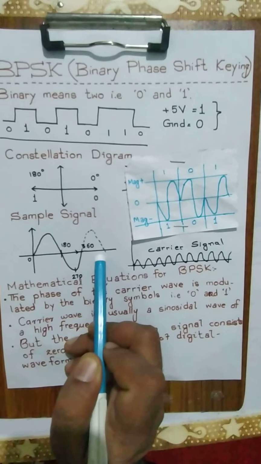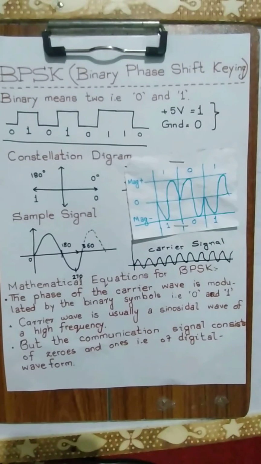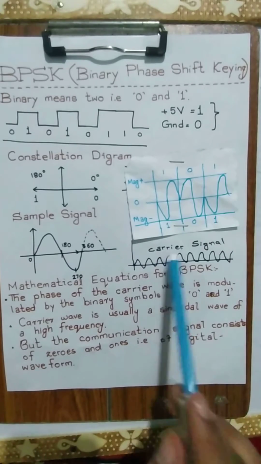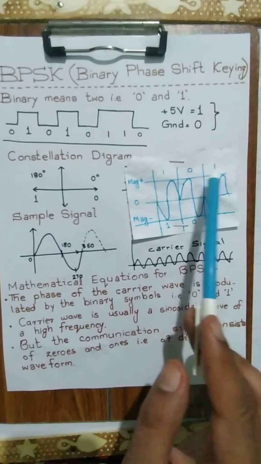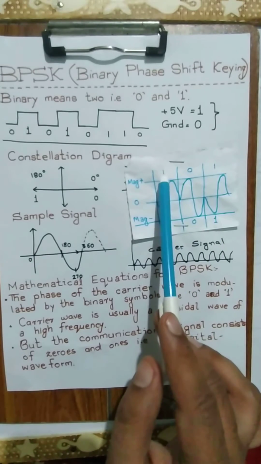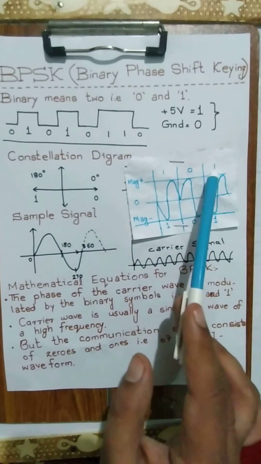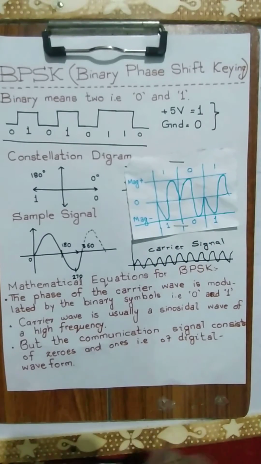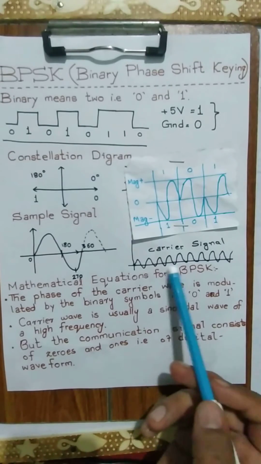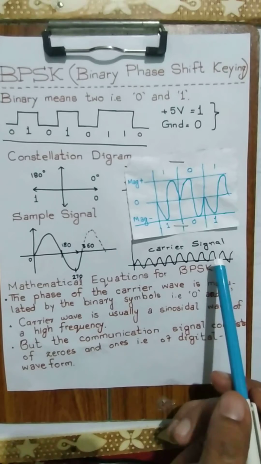But we know that there are two main things. One is the carrier signal, and the other one is the information signal. Binary phase shift keying is a modulation technique in which the carrier signal is usually of sine format, or having the sinusoidal form.